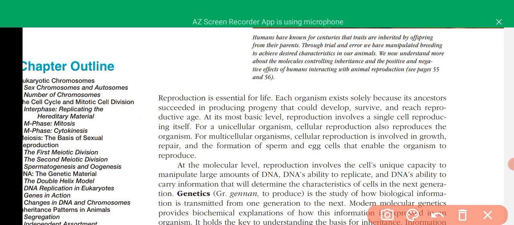For multicellular organisms, it also helps in various processes like increase in strength and growth, or increase in size of various organs, and also helps in production of sperm and eggs, which help in individual reproduction.